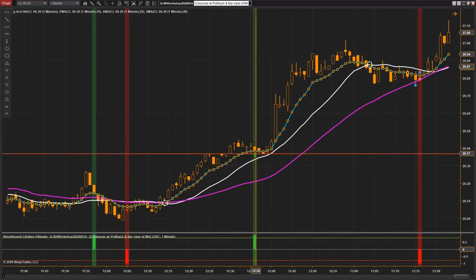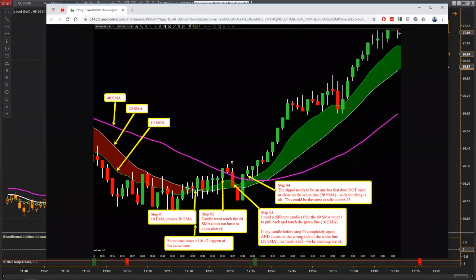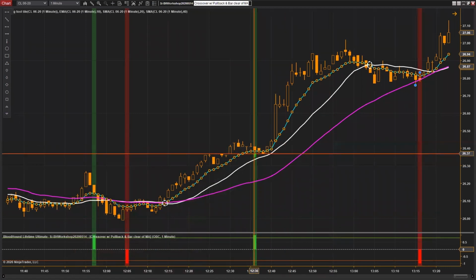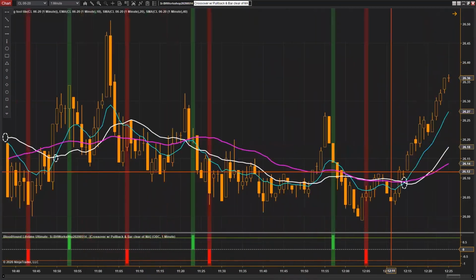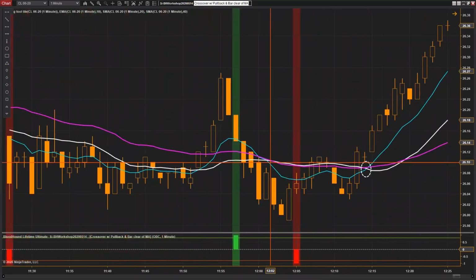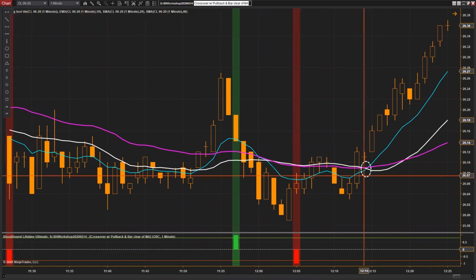Yeah, that's our step. Let's see, what step was that? Step 3. Yeah, step 3. Step 3 could also be step 4. Yeah, step 3 was touching the fast moving average. All right, yeah, so this was step 3 and step 4. Cool, so that one's in good shape. Let's see what else we got here. Okay, we have our crossover.